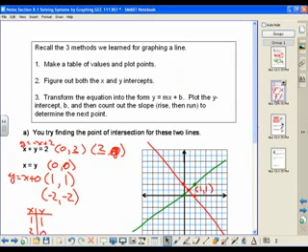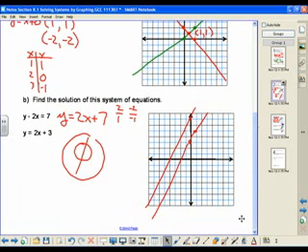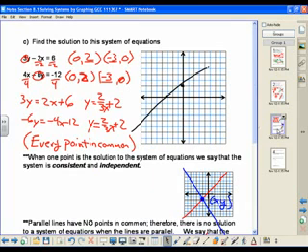This one's consistent and independent. The second one is parallel, so it is inconsistent. And our third one, this one, was consistent and dependent, because it really was the same line.